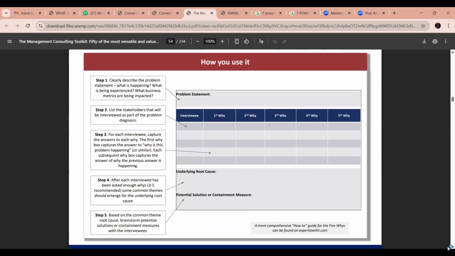So we ask why 5 times. So let me come up with an example that we can use for that. I think we have one here. Just a minute, please. Where we use the 5 whys. Yeah, good. So I've seen one here. Let's look at that as an example.